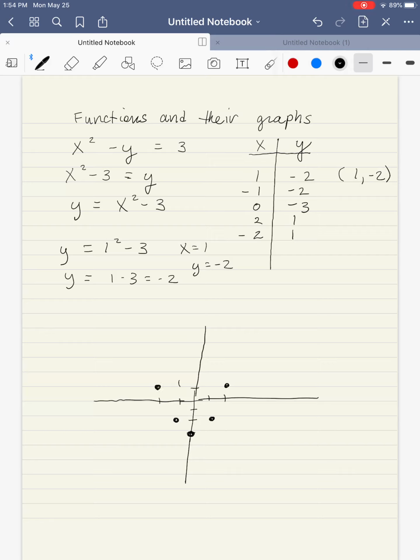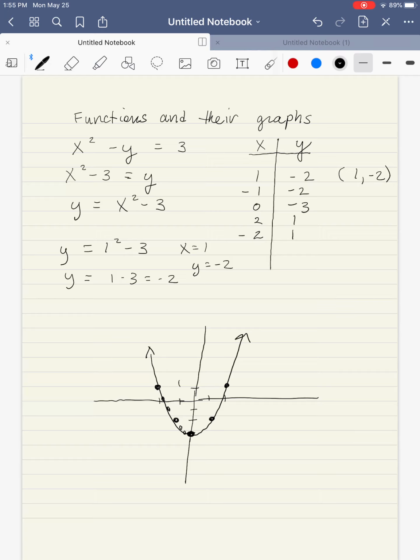And if I were to continue to plot ordered pairs, for instance, if I plotted x equals 1/2, or x equals 7, or x equals negative 3/2, I could keep plugging those values of x in, and I could keep finding more and more and more points, and I could fill this whole graph in, and I see that I get a nice shape like this, and that is called a parabola.